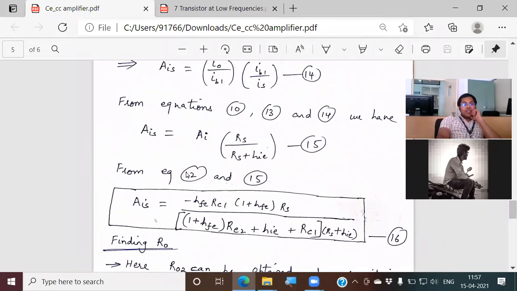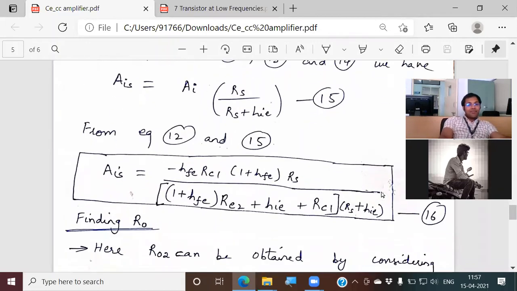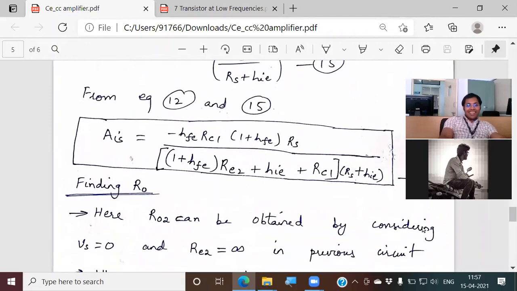Substituting that AI here, we get AIS like this: RS by RS plus HIE, this part as it is, and remaining everything is the AI. So AIS we got, right? Now calculate and tell me fast. HFE, RC1, RS, HIE, RE2, all this you have noted when we did ABS.